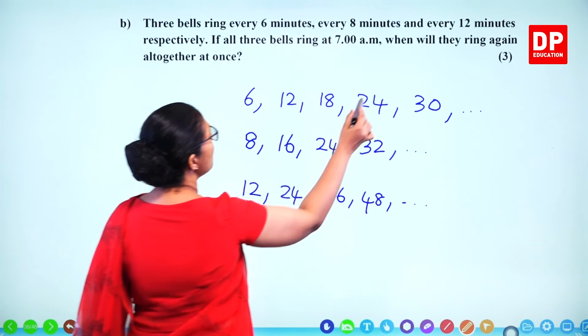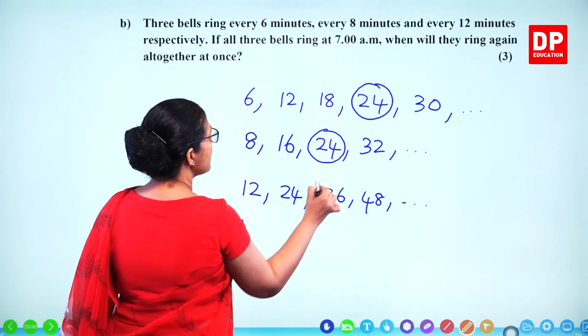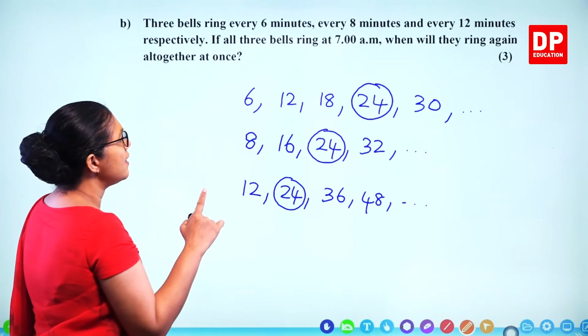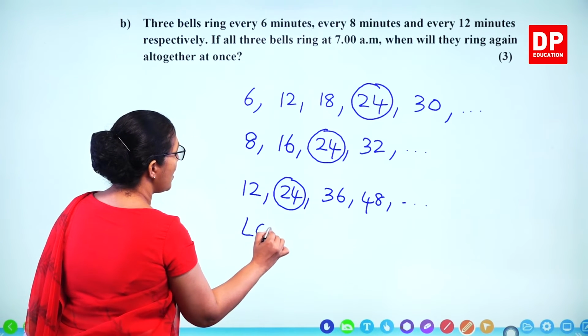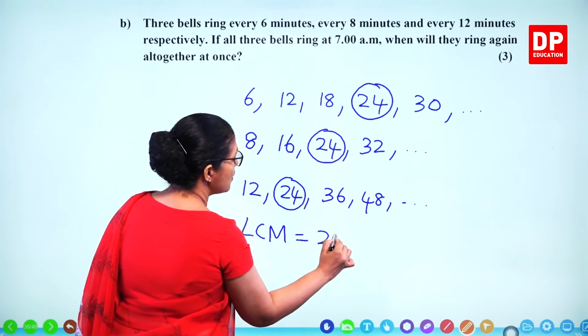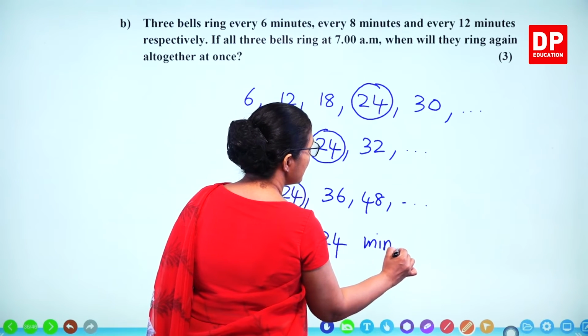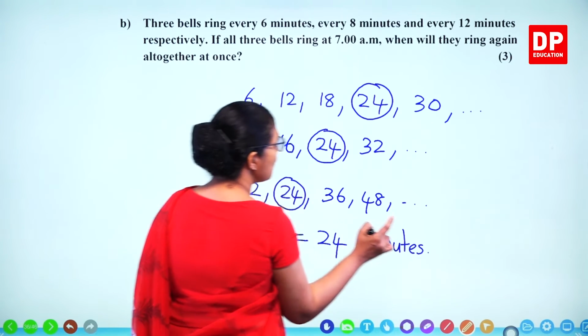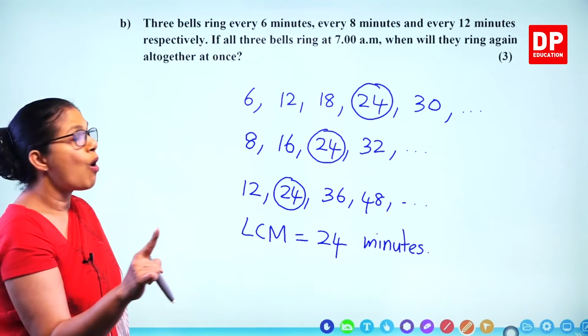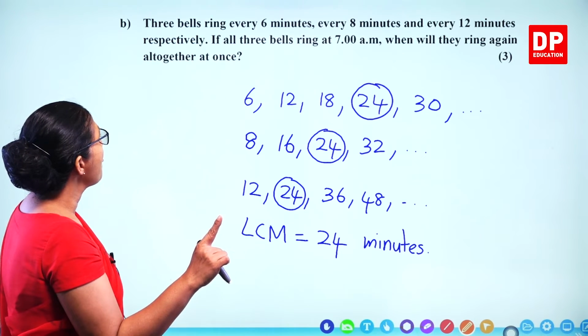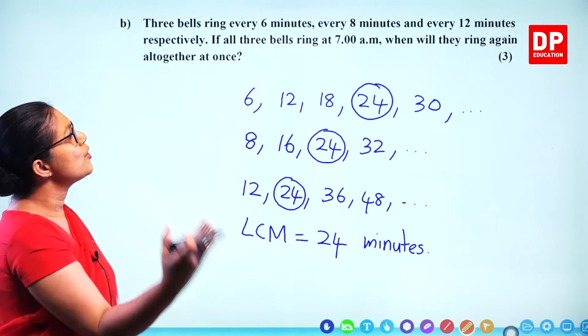Common one is 24. That's the lowest one. So that's the least common multiple, 24. So that means every 24 minutes again. After 24 minutes again, all the 3 bells will ring. So 7 a.m., 24 hours.